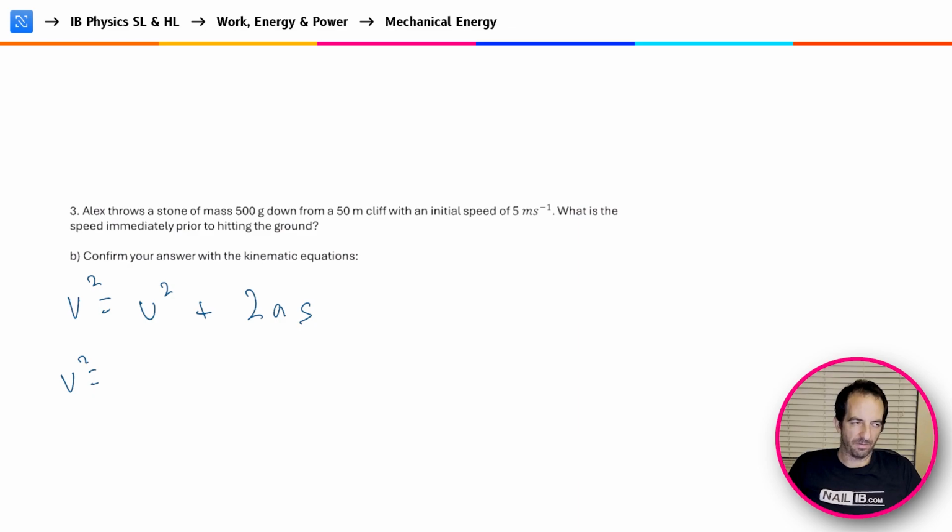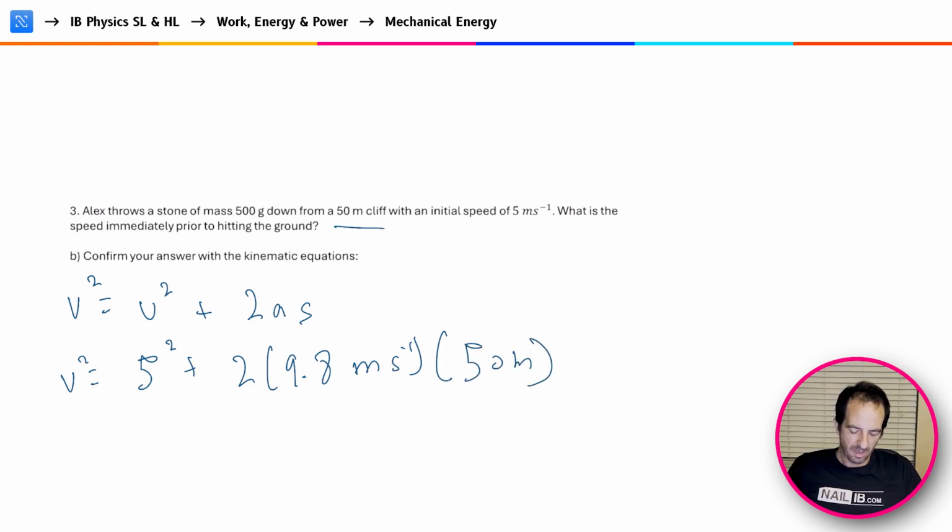The initial velocity u was equal to 5, so we have 5 squared plus 2 times the acceleration, 9.8 meters per second squared, times the distance, 50 meters. And we plug in these numbers. 5 squared is 25 plus 2 times 9.8 times 50.